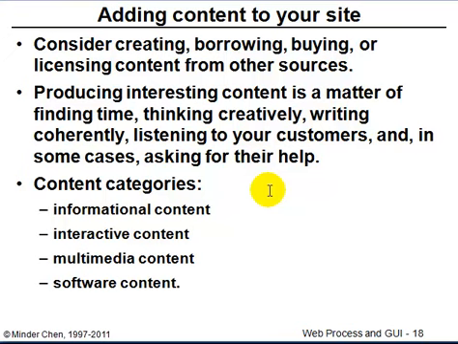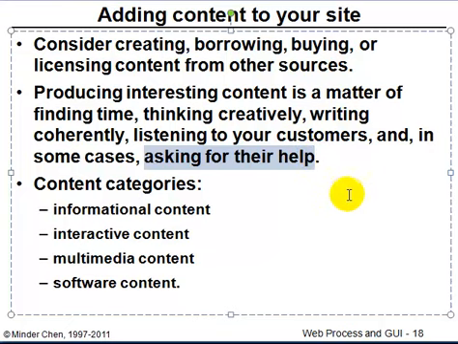However, find out what the visitors like to see, and then even ask them to create some content for you. Content can be classified into informational content, interactive content, multimedia content, or software content. Let's look at the different kinds of content in the following.